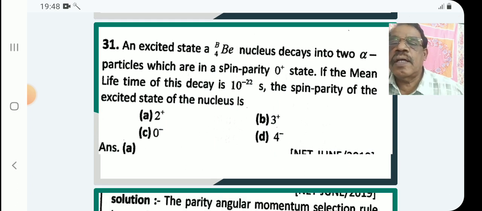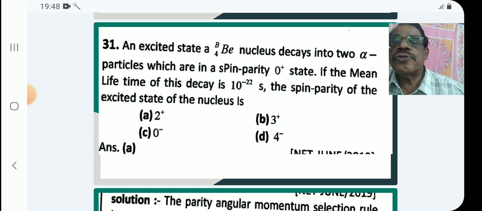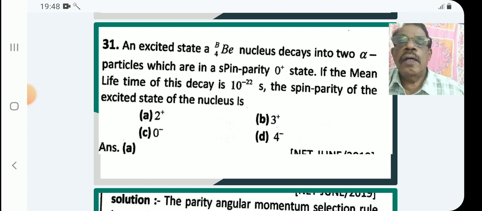Next question. An excited state of the beryllium 8 nucleus, 4Be8, decays into two alpha particles which are in a spin parity 0 plus state.